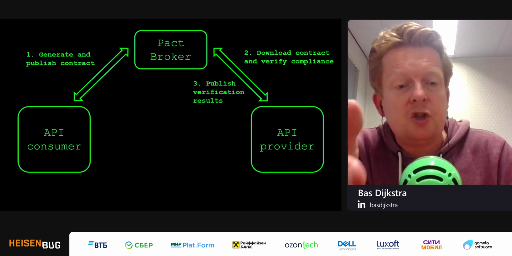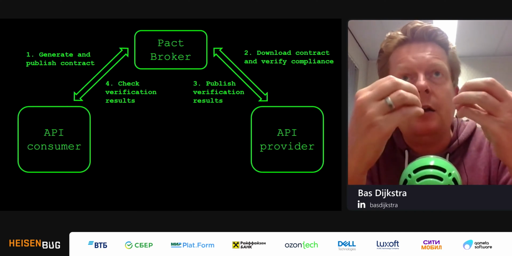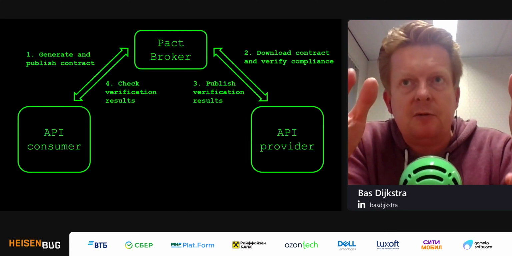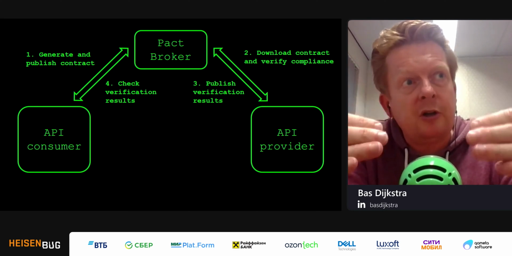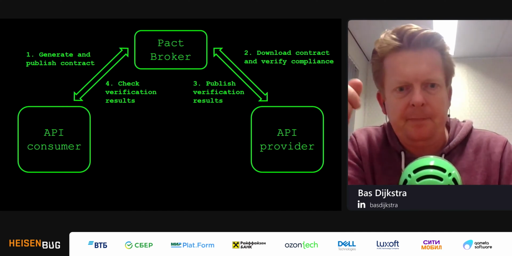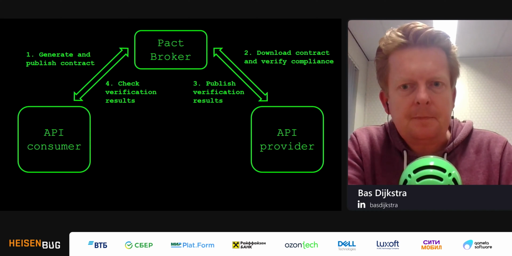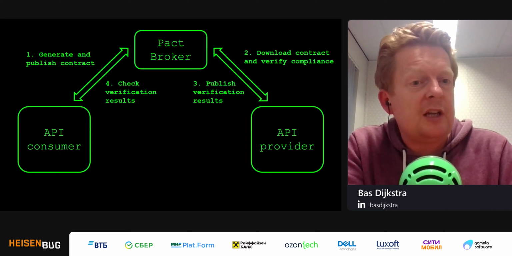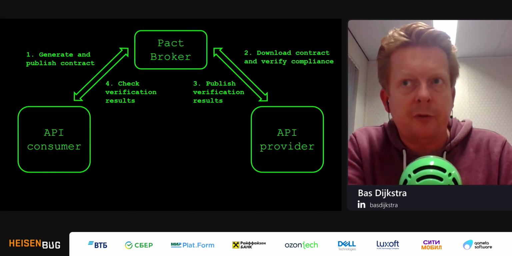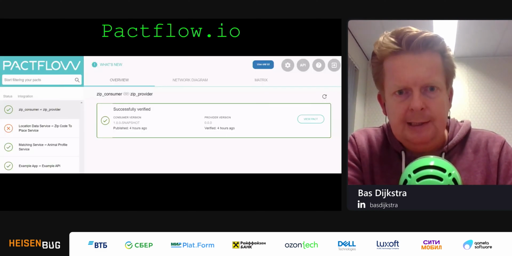And both consumers and providers can then check those verification results and use them to determine whether or not it's safe to deploy a new version into production. All fully automated. So this is where a Pact broker is extremely useful to automate and manage and version and distribute the entire process, really.